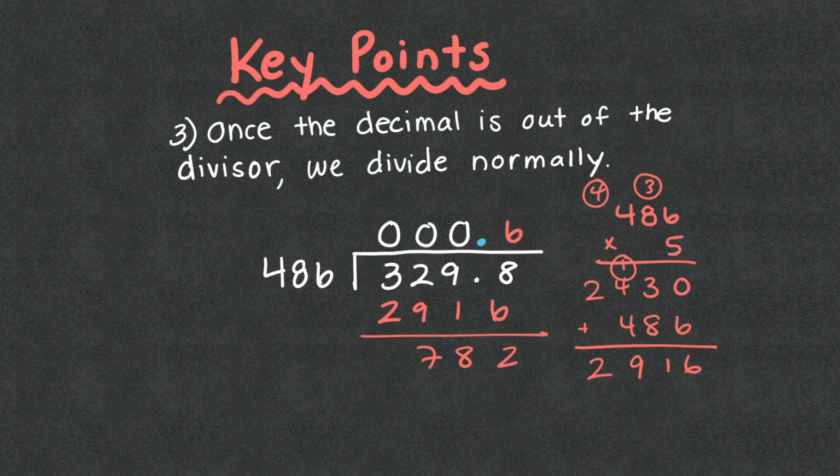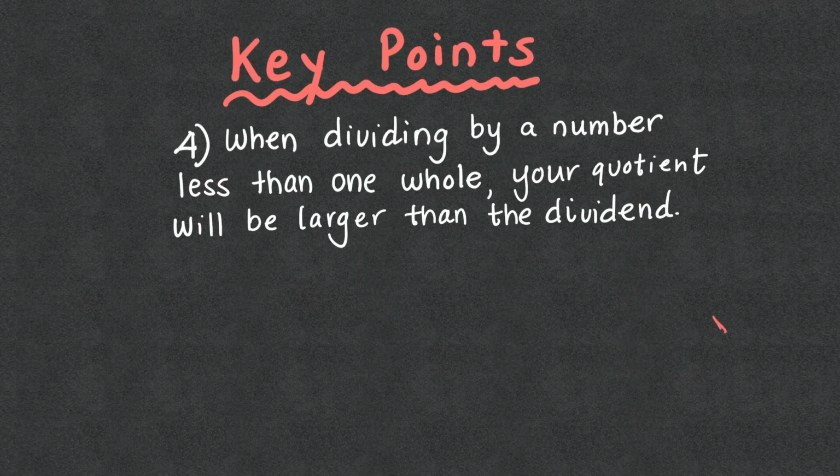So also pay attention to problems. They may give you an idea of where you're supposed to go or how many place values you're supposed to go after the decimal. So when you are dividing by a number less than one whole, your quotient will be larger than the dividend. So let's look again. Let's use our same numbers.